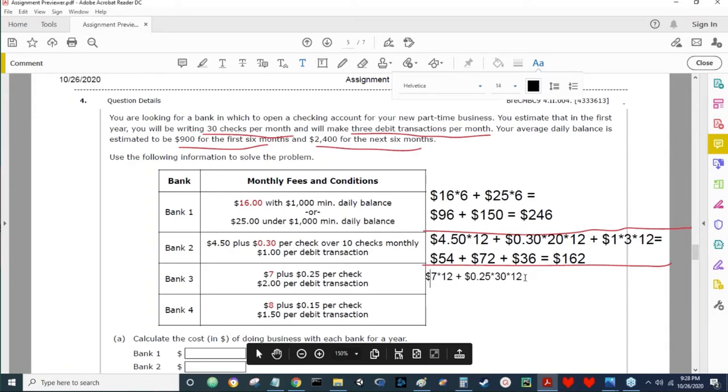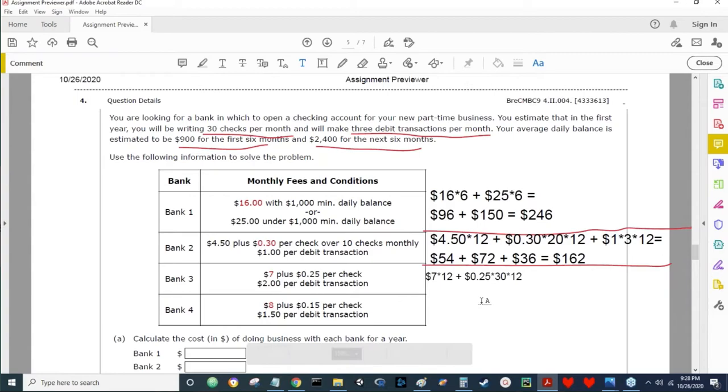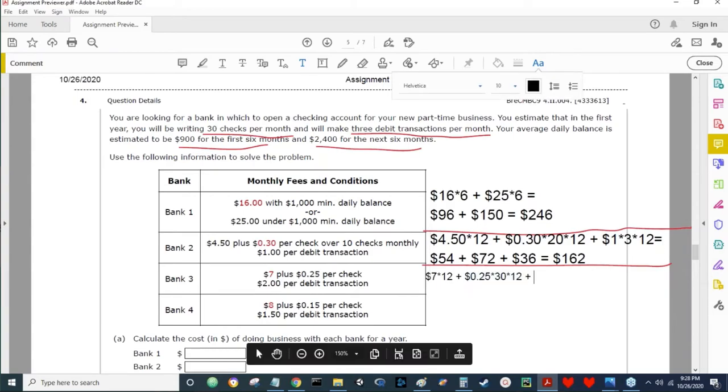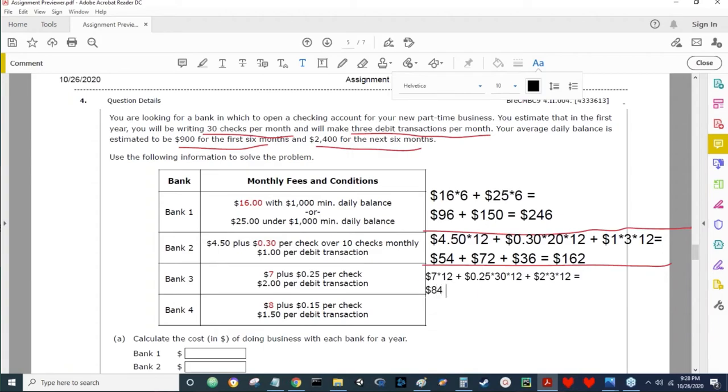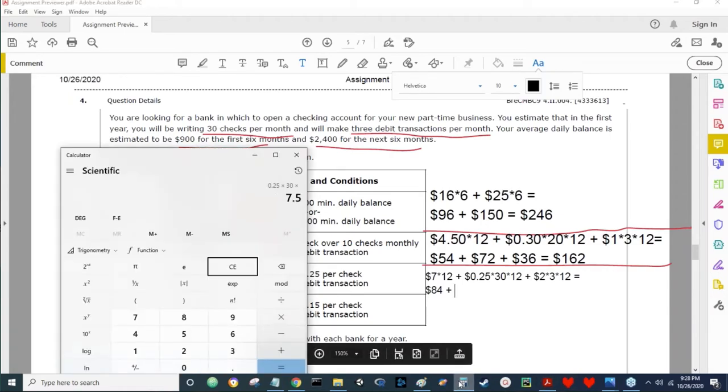And then we also get charged $2 per debit transaction. We make 3 of those a month. We multiply by 12 to convert to years. So that makes $84, plus we got 25 times 30 times 12. We got $90.